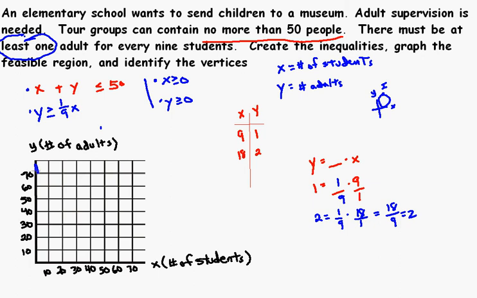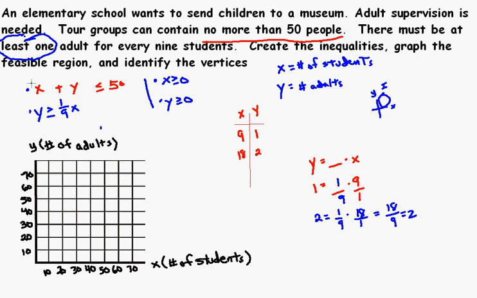Okay, and now let's do this. If I have X plus Y less than or equal to 50, let's go with a different color, an off green. So this inequality is going to be represented by this line.